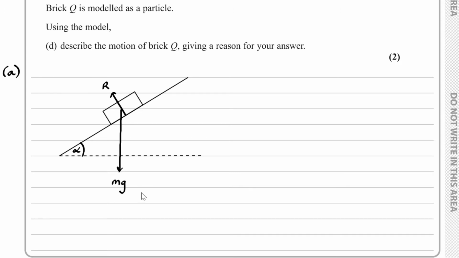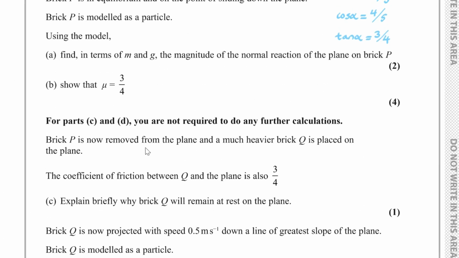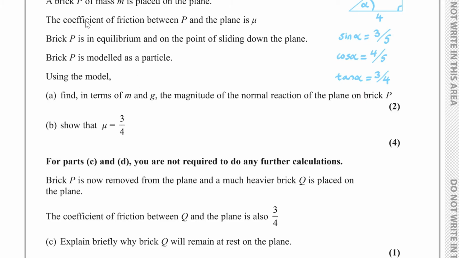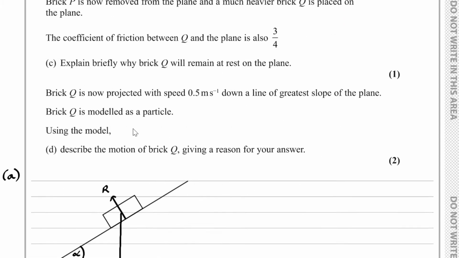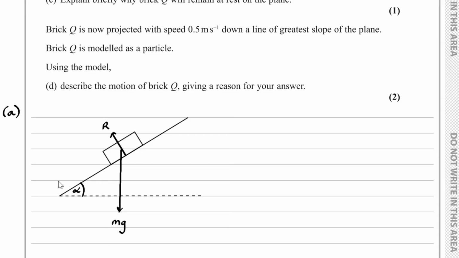We were also told in the question that the coefficient of friction between P and the plane is mu, and we also know that the brick is sliding down the plane. So the brick is going this way, and therefore friction goes this way. So here we have our friction force.